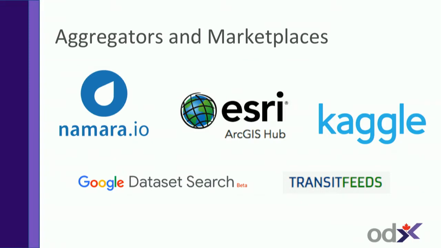It's not very comprehensive yet. It's still a bit of a work in progress. However, it's something to give a try and test out to see what you're able to find. It's also worth keeping an eye on, because I imagine Google will continue to build and develop this and grow the sources they're indexing.